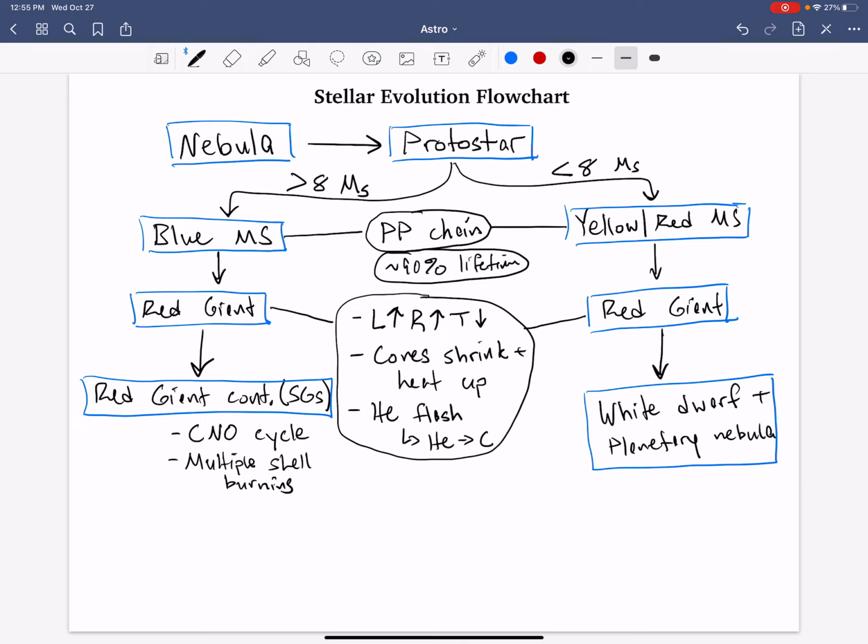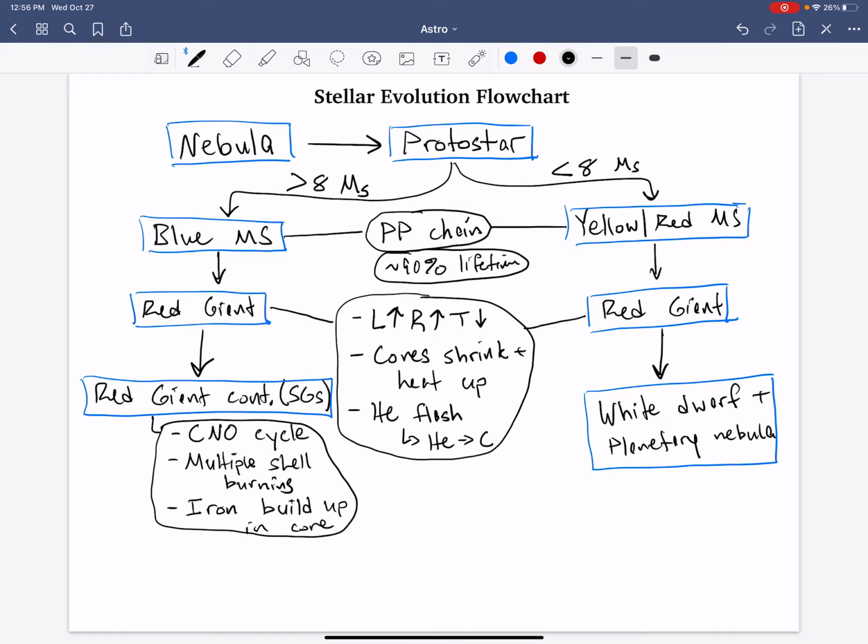So, multiple shell burning. Until eventually, at the very, very center, the heaviest and densest element created in the CNO cycle is iron. And if you wait long enough, iron will build up in the core. All right, so kind of all of these things happen in a red supergiant, let's say, right?